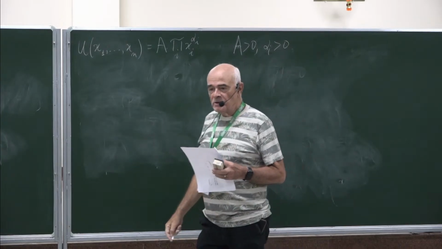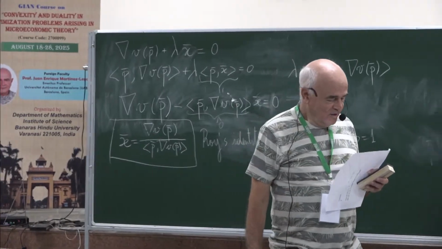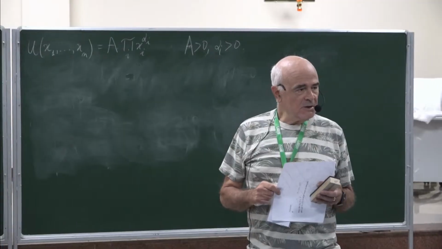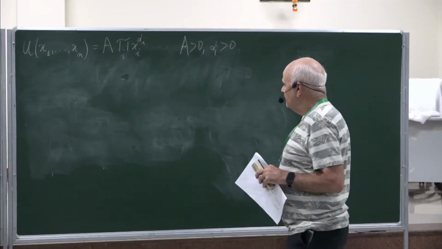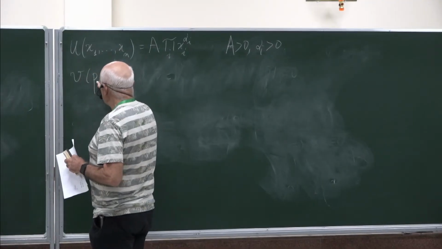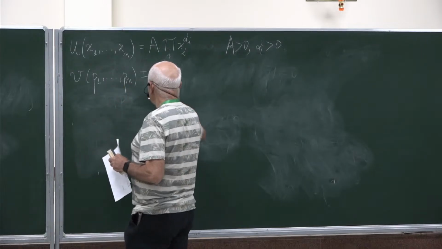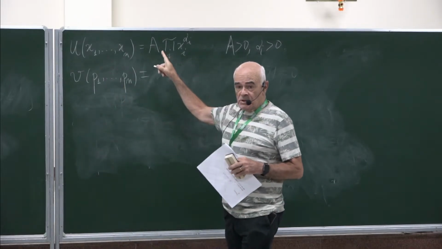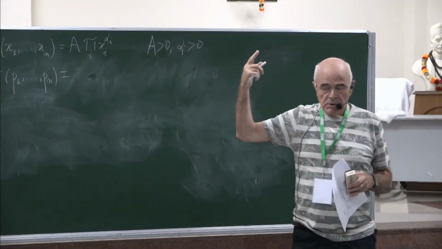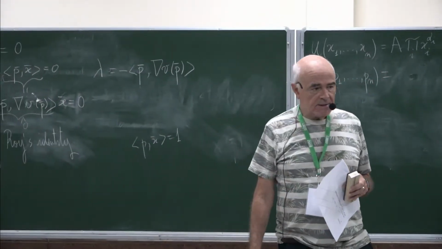By now you know it better than Cobb and Douglas. And we also computed the indirect utility function, and we saw that it is regular, okay? It satisfies the regularity conditions required for the validity of Roy's identity.